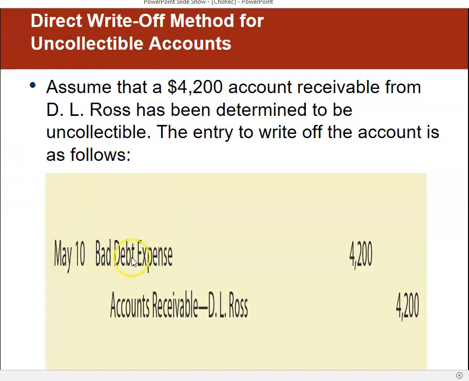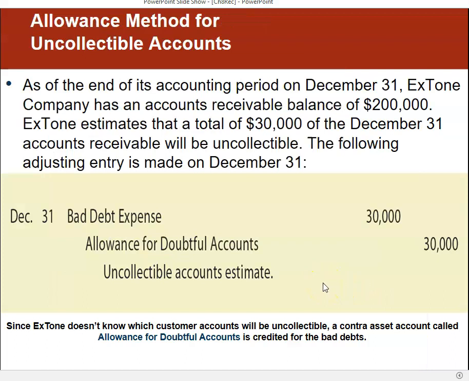We're going to immediately debit bad debt expense, and it's going to hit the income statement for the full amount, $4,200. And then we're going to go to the subsidiary ledger for this particular customer, and we're going to credit that receivable $4,200. Very, very easy, very, very straightforward. The allowance method is a little bit different.